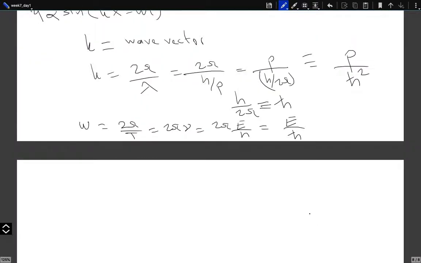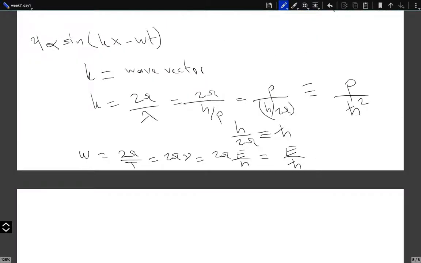What is the velocity of this wave? Omega over k.